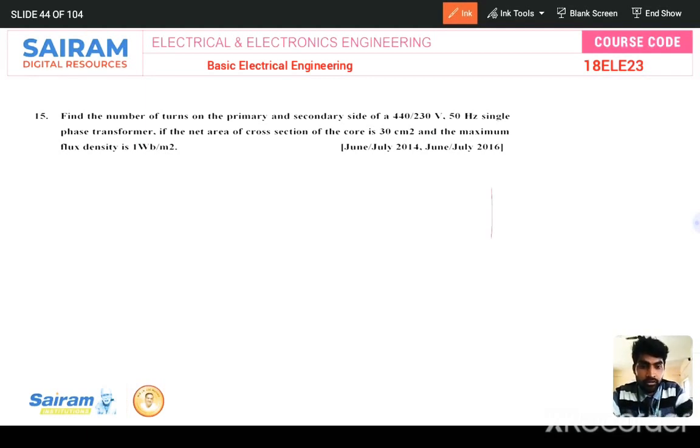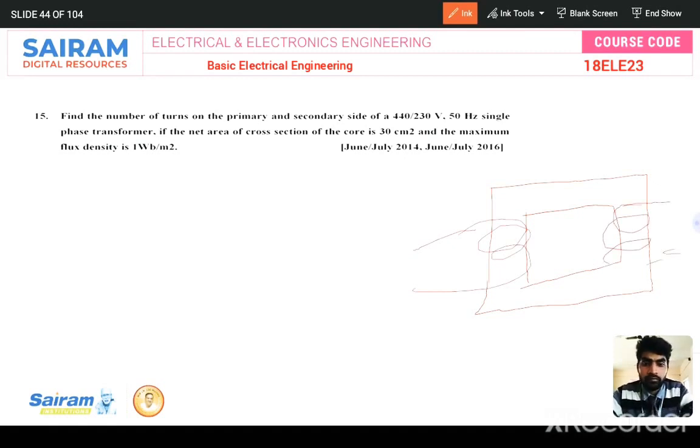I'll just draw a diagram over here. There is a transformer having a primary power supply of 440 volts, and here 230 volts, right? This is input and this is output.